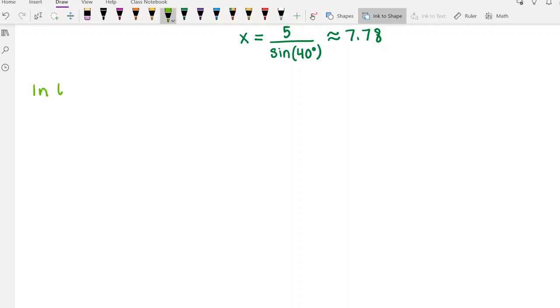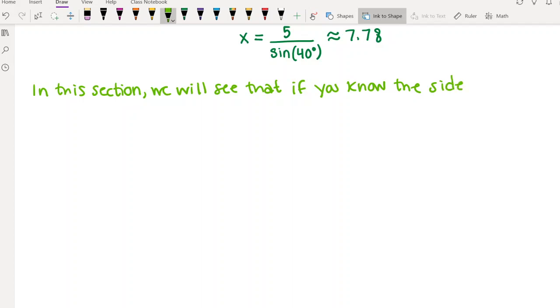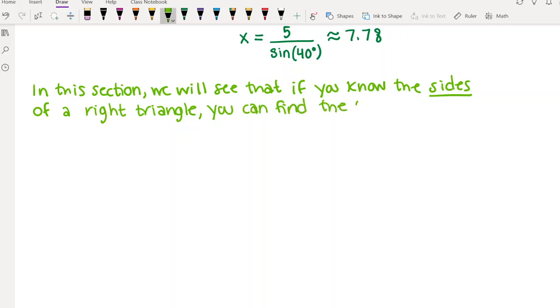So in this section, we will see that if you know the sides of a right triangle, you can find the angles using, so what would you think?